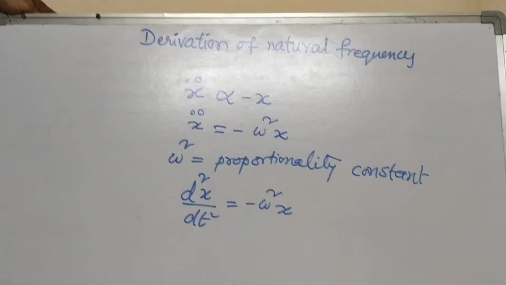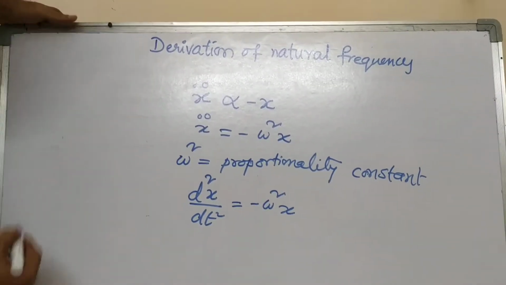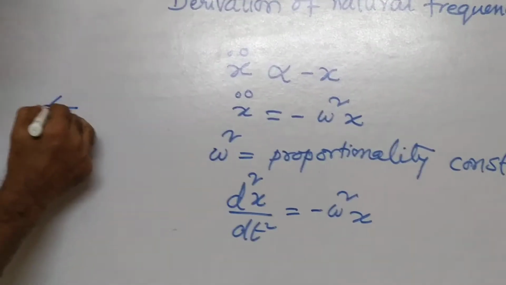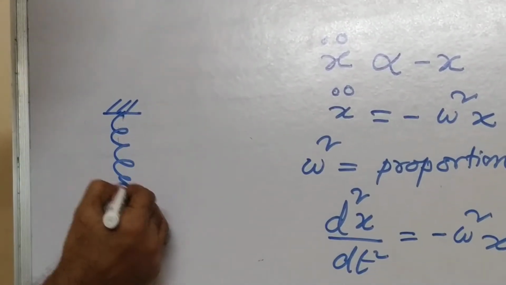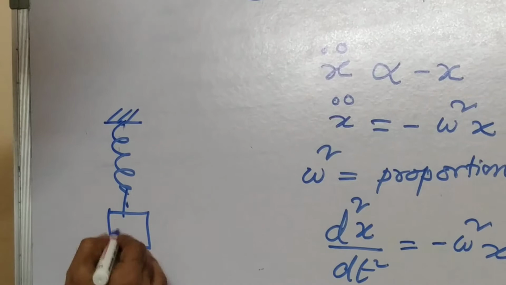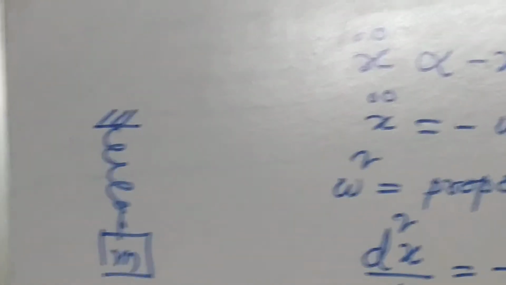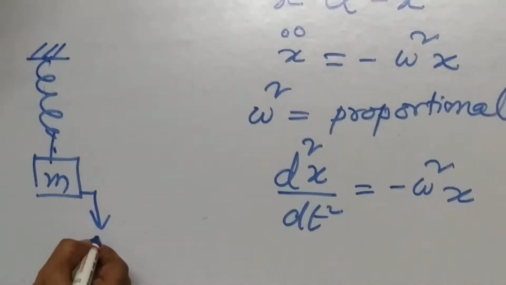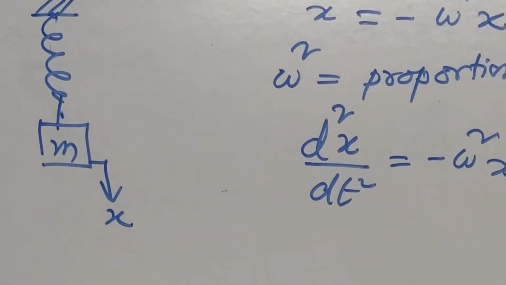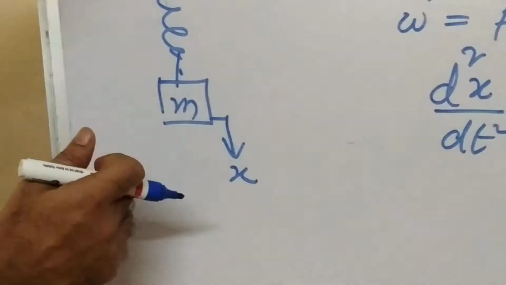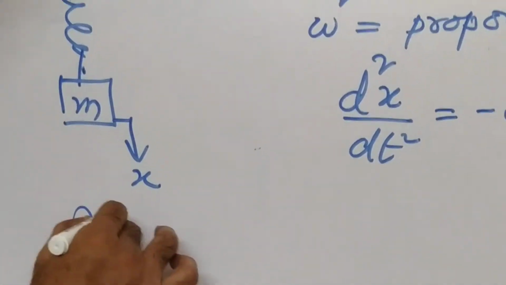Okay. Now, if an object having mass m is displaced with a certain initial displacement and left, it will have a motion.